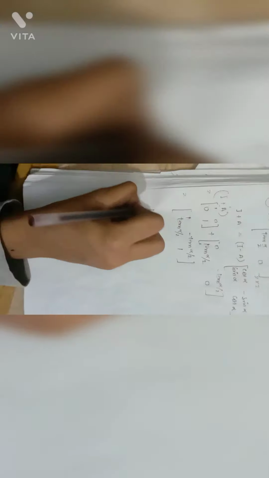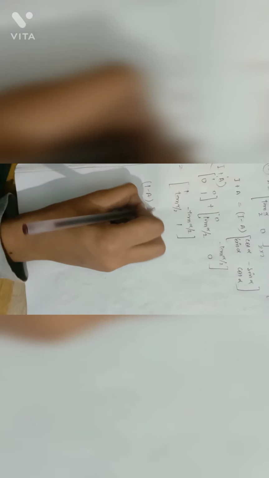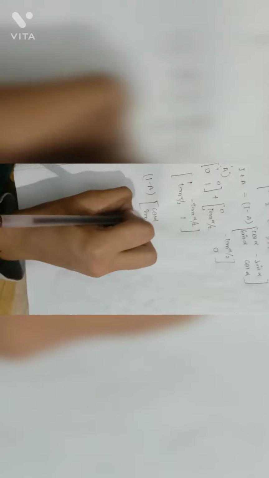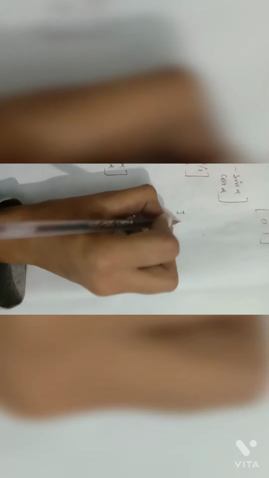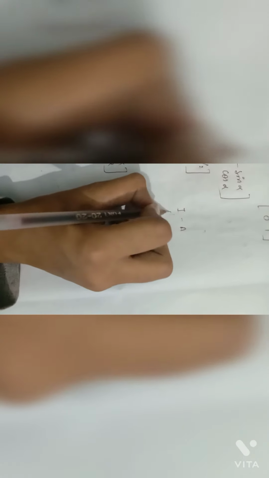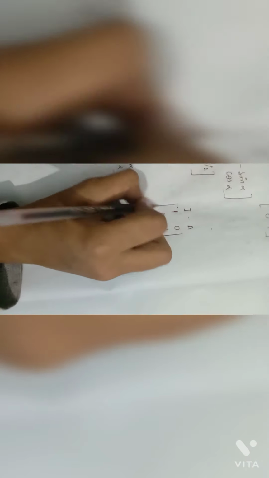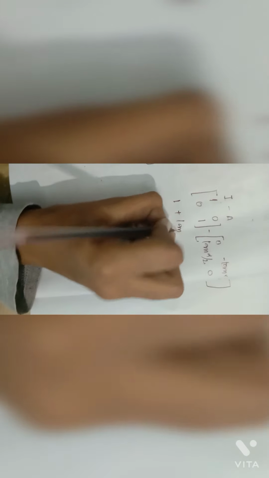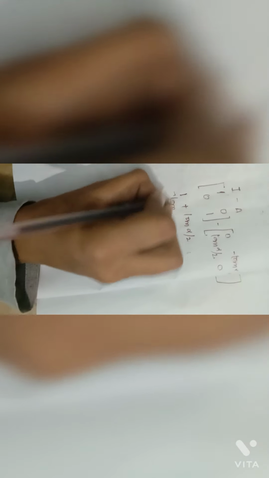Now we will calculate I minus A into cos alpha, sin alpha, minus sin alpha, cos alpha. I minus A, we will calculate it separately. I minus A is equal to 1 0 0 1, or we can substitute the value here, or we can solve it. 0, tan alpha by 2, minus tan alpha by 2, and 0.